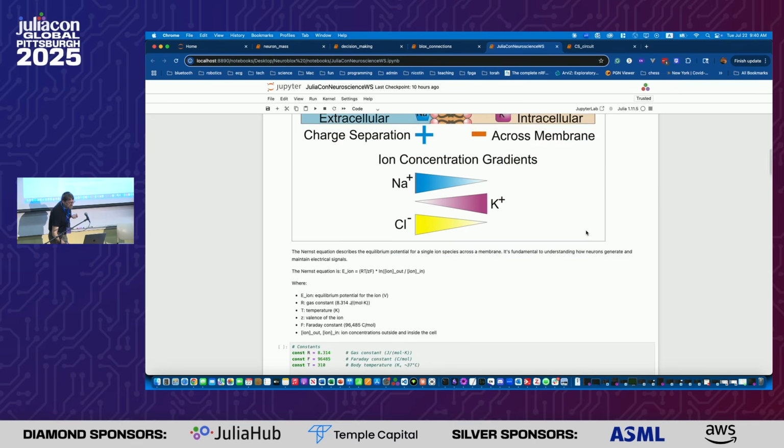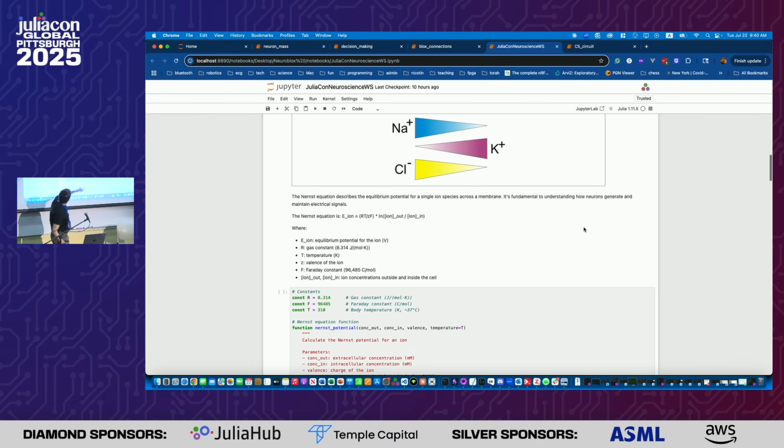It's essentially the logarithm of the outside concentration divided by the inside concentration, and that should already tell you that this is thermodynamics, not electrodynamics. What is in there is essentially RT divided by ZF, where Z is the charge. So calcium, for example, acts much stronger than sodium or potassium.